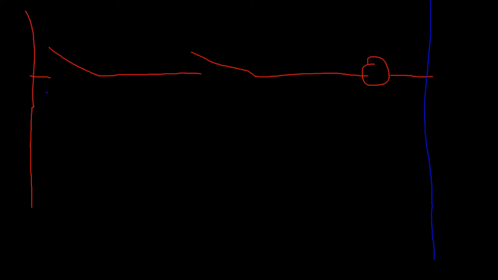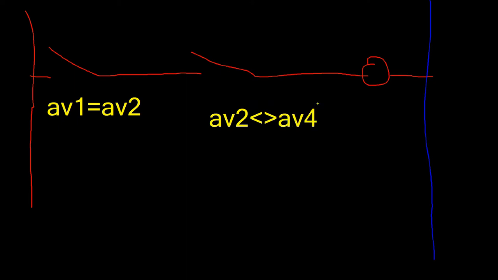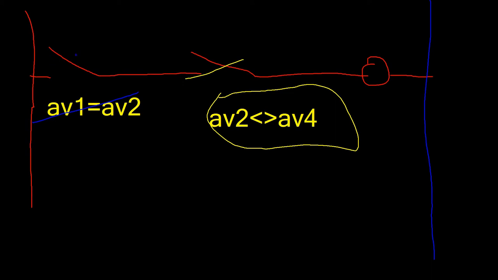So in this case, it does not matter if this switch is true, because the fact that this one is false and this is open, there is no way electricity can flow any further than this point. And this is the end.